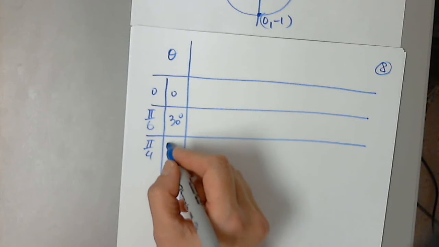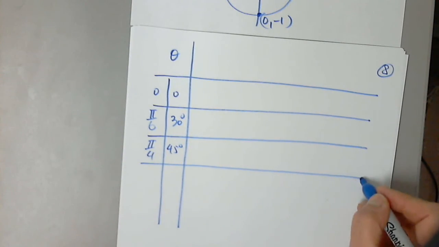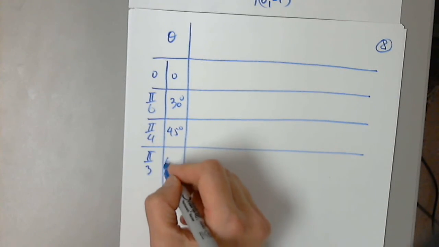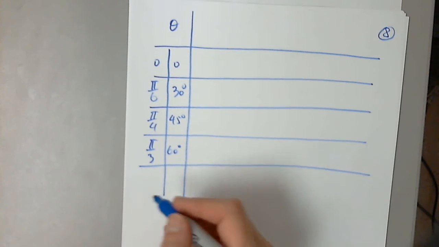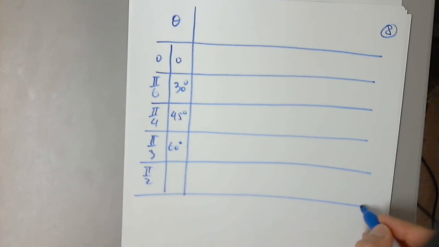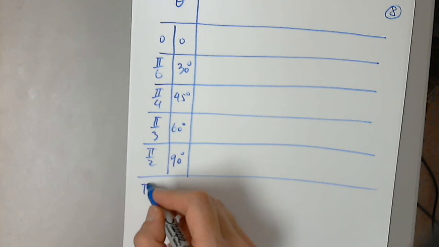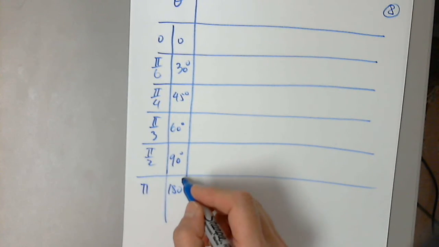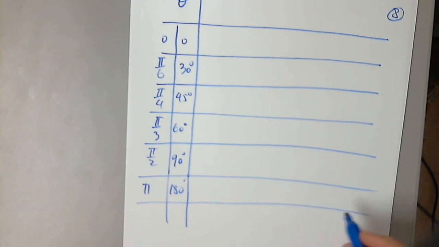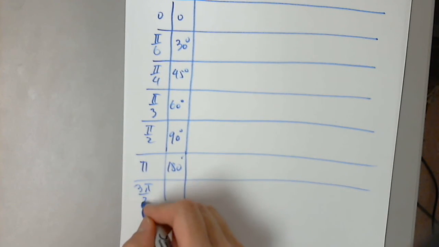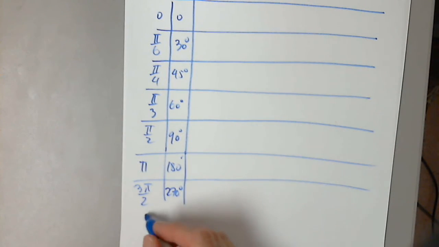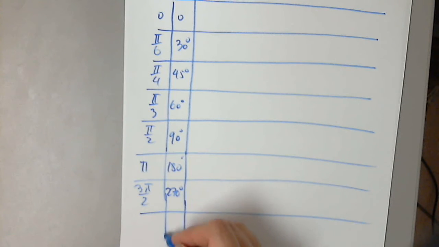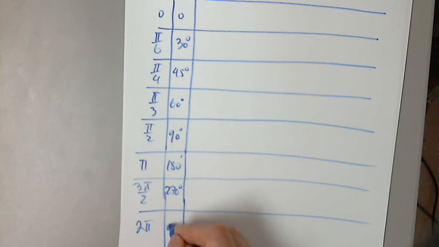Pi over 4, 45 degrees. Pi over 3, 60 degrees. Pi over 2, 90 degrees. Pi, 180 degrees. 3 pi over 2, 270 degrees. 2 pi, or 360 degrees.